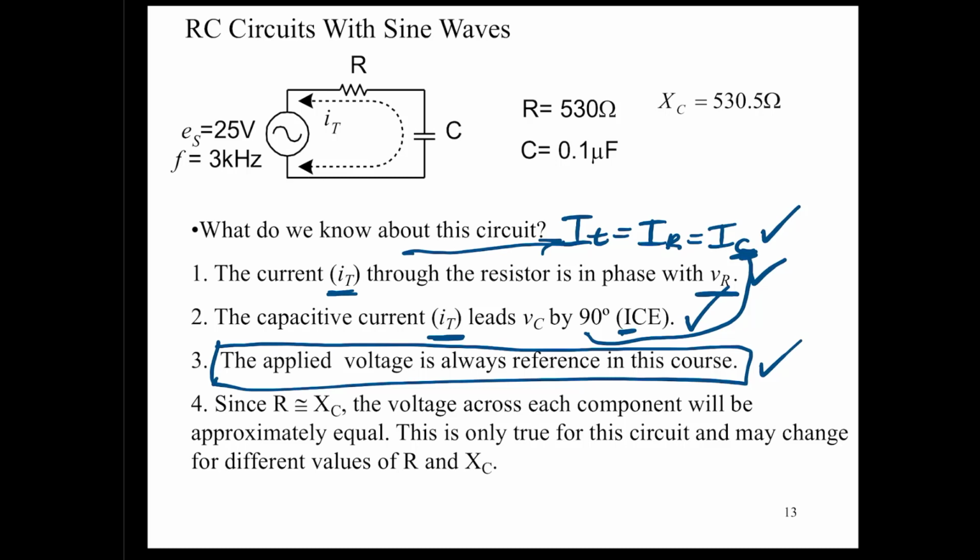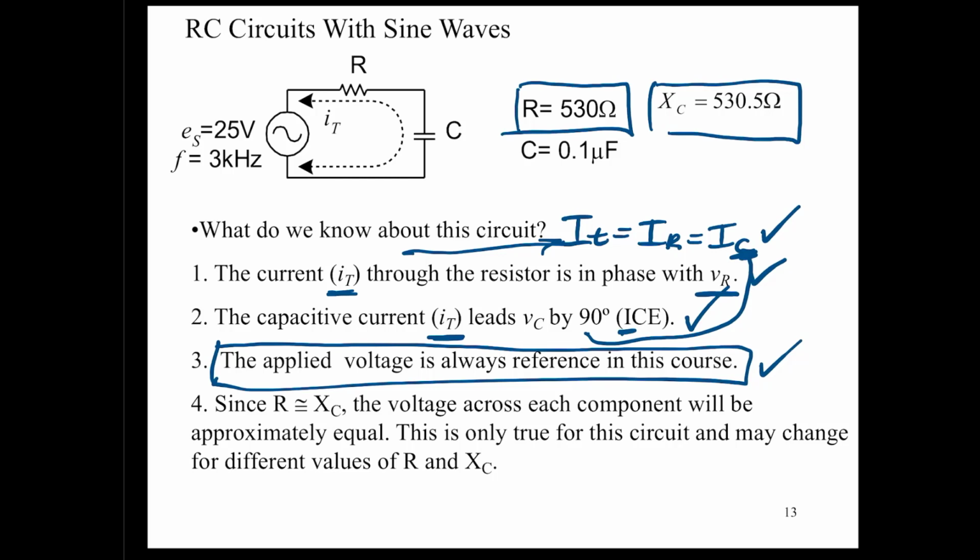So this next statement is quite specific to this example, because it's going to change with different values of R and C. But if we look at this example, our calculated value of XC and our value of R, notice how they are virtually equal. If we have opposition that's virtually equal in a series circuit, that means our voltages have to be virtually equal, because each voltage is being determined by using the same value of current, I total.